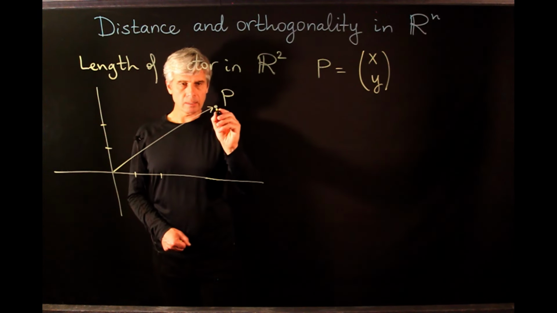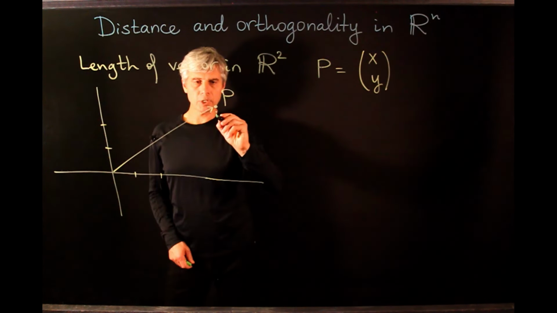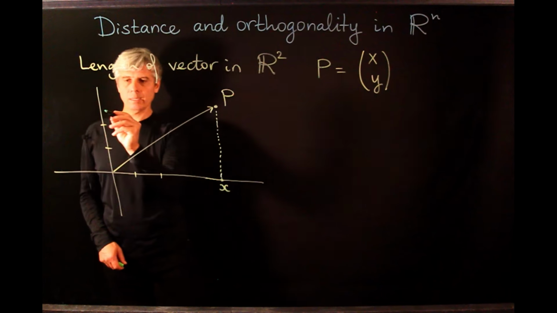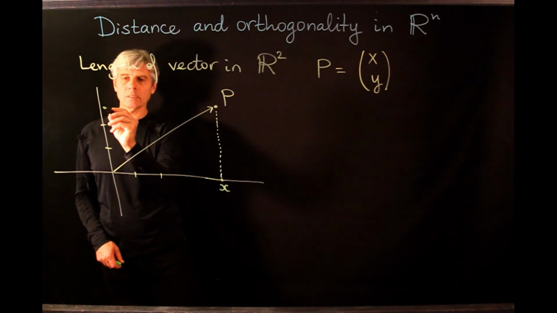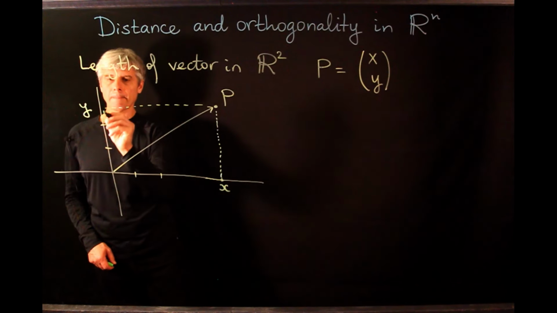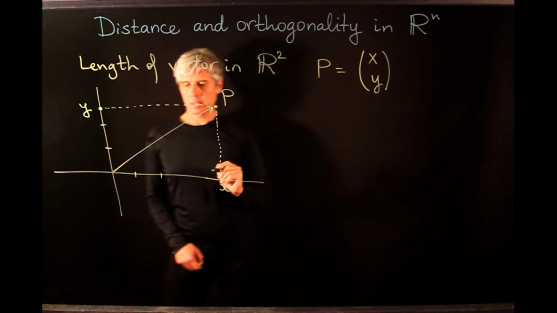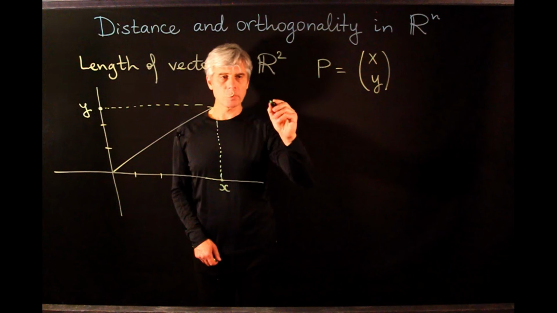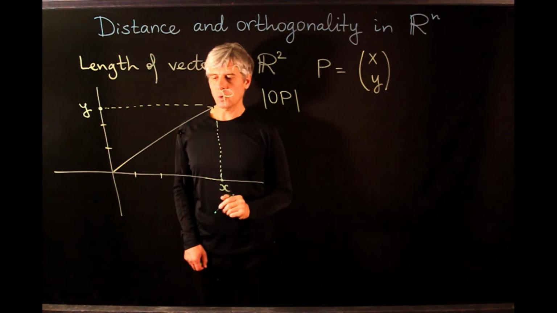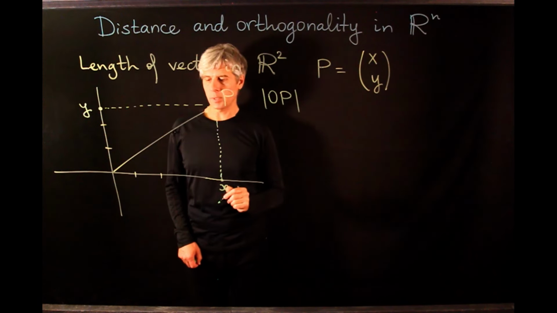This means that this point projects here to the point x, and here to the point y. And then, if we take the segment OP, what is the length of the segment OP?